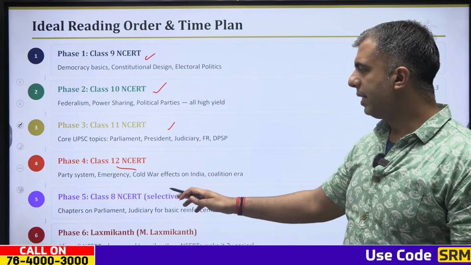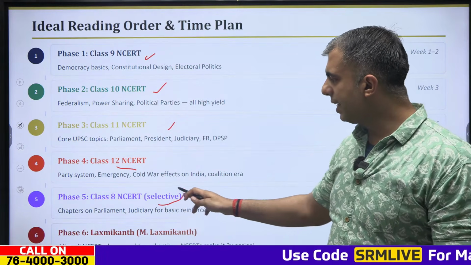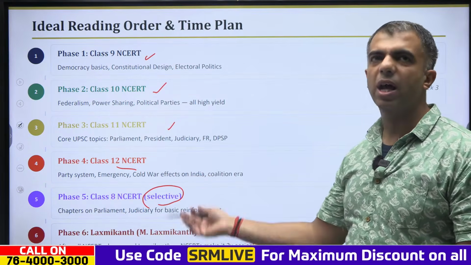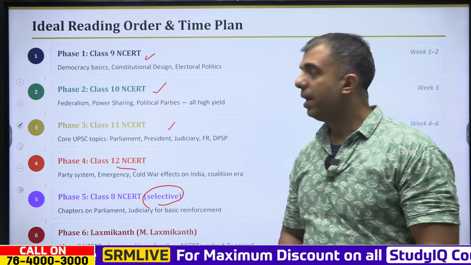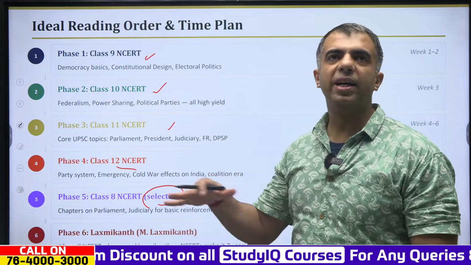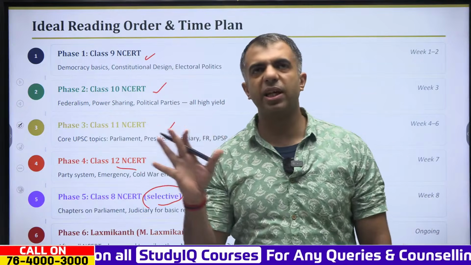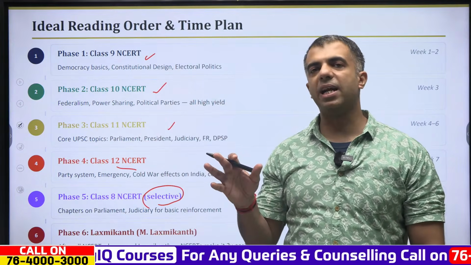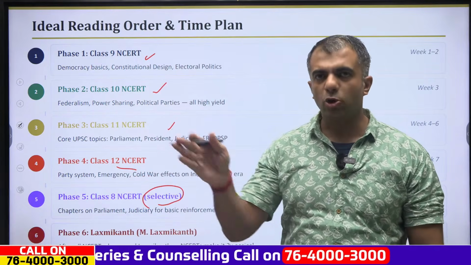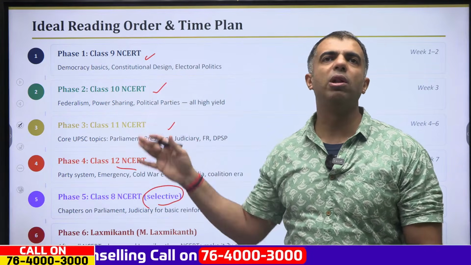Then class 8 NCERTs, again very selective topics I have highlighted, and lastly you can jump onto Laxmikant. Clear? Even if you divide it week-wise, for a serious candidate it would not take anywhere over a week to 10 days to cover all the NCERTs.